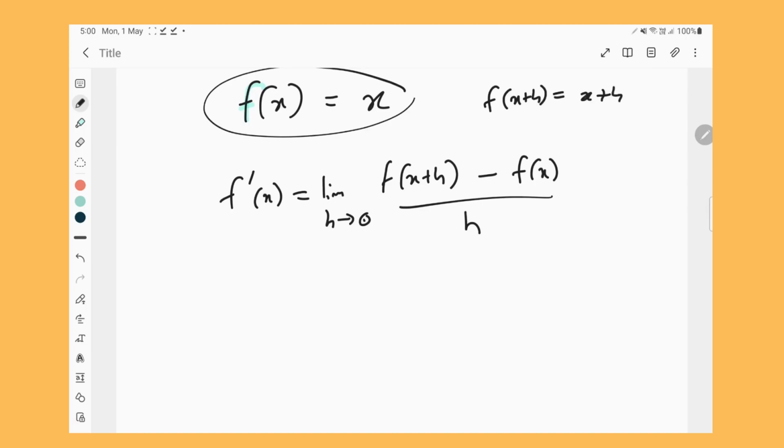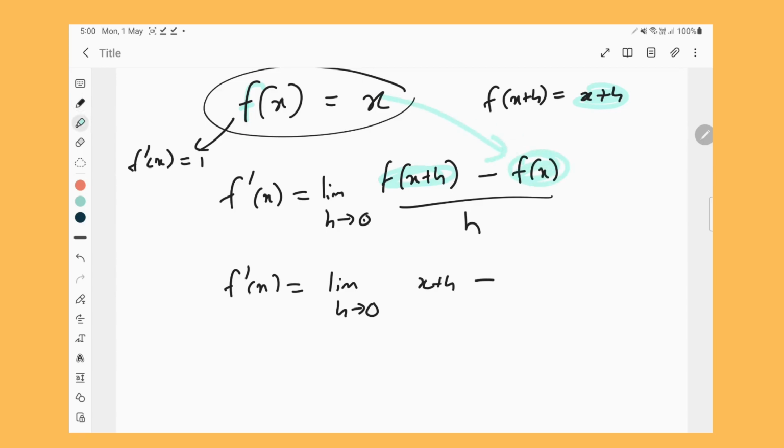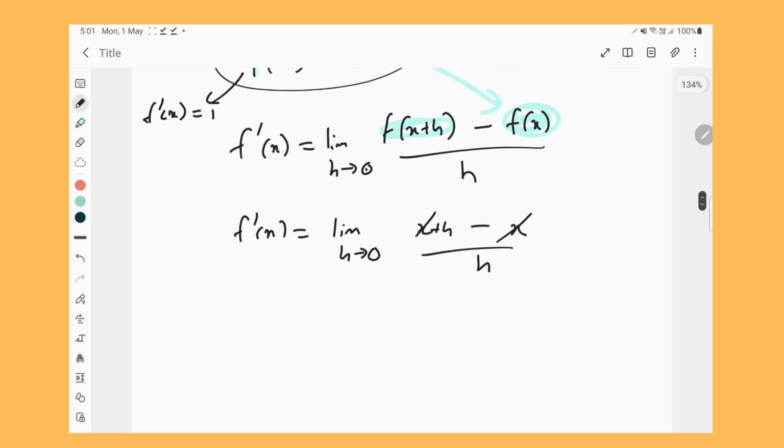It's going to be x plus h. All right, so if I need the differentiation of this, you know straight away if you differentiate it, x differential is 1. So if I differentiate using first principles, f(x plus h) I found it right here. You can put this term here. So that is x plus h minus f(x) is x divided by h. So x and x get cancelled. h over h is 1. So if the limits of h goes to 0, what do you get? f dash x is equal to still 1.